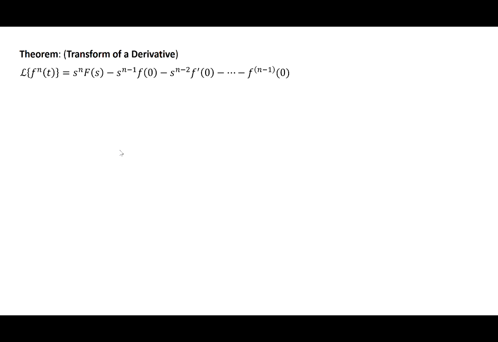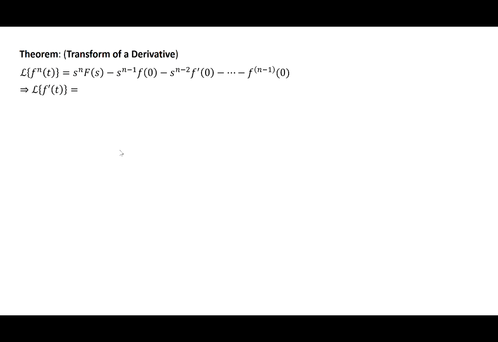Cool. So could I ask you, based on that, can you figure out what Laplace of f prime of t ought to be? Just using that theorem, would you be able to do it? Ask yourself, does it look like Laplace of f to the n of t? Yeah, n was the nth derivative.